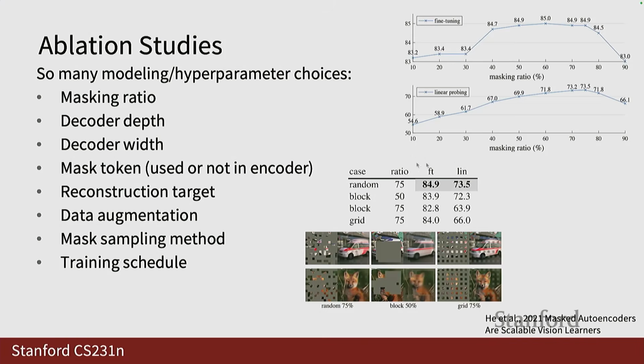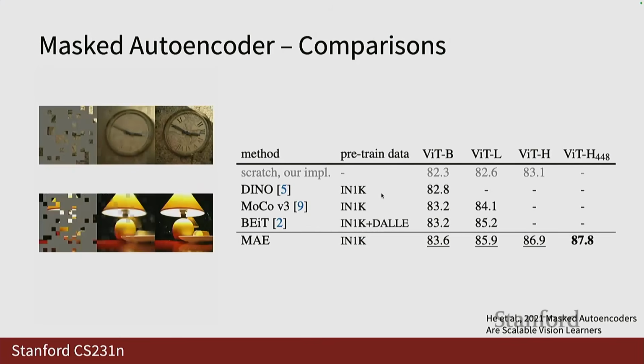I'm showing the results here again. Mask sampling method is mostly around whether they should use random masking, blocks, or a grid type of masking. You see the examples here, and they came to the conclusion that random masking was the best choice. And finally, they've been able to show that MAE is doing a much better job compared to many of the other methods that were used.